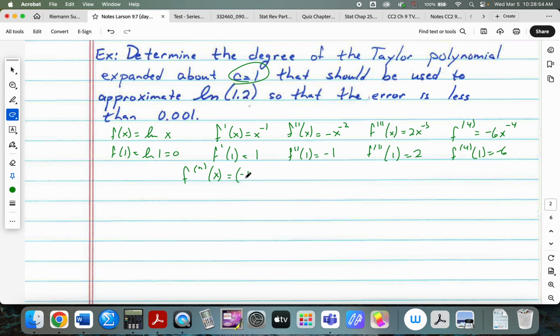So that's going to be -1 to the, at the first derivative it's positive, in the second derivative it's negative, so I'm going to raise that to the n plus 1 power. So it alternates and starts off positive at 1 and then negative. And then the value, these numbers are always, if I take one less than the derivative and do a factorial, that's what I have. So that's going to be n minus 1 factorial.